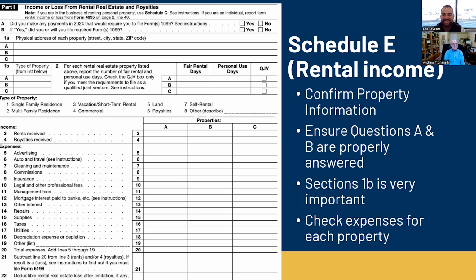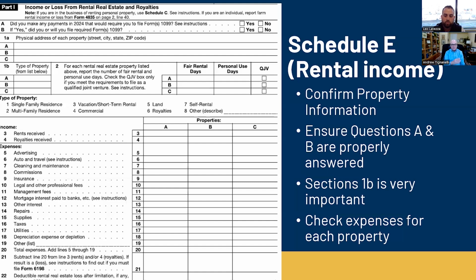And then type of property. What type of property? That's an important one also. The answer that you state there is going to have a significant impact on how that property will be treated for tax purposes. I don't have time to go into each and every one of them, but that is probably one of the most important entries you'll make.